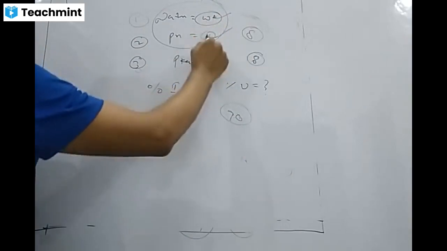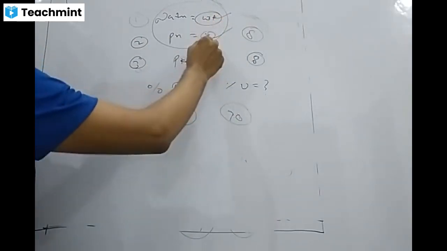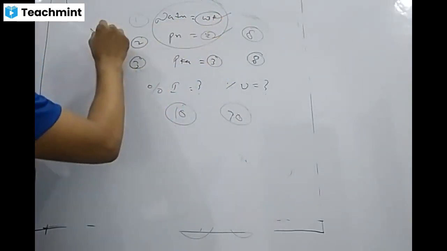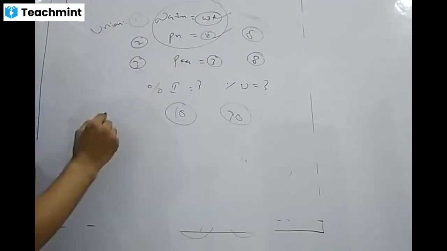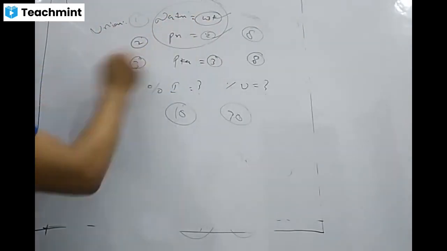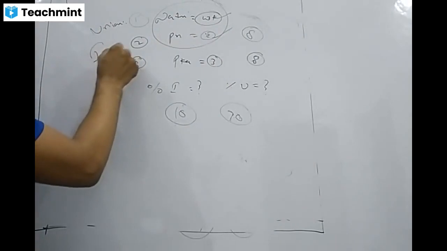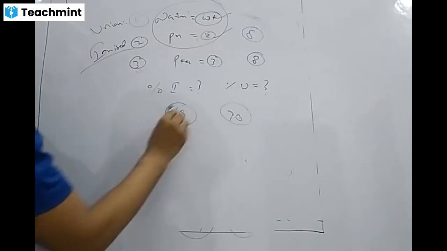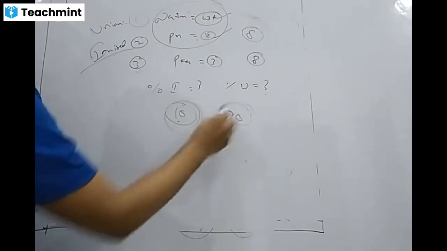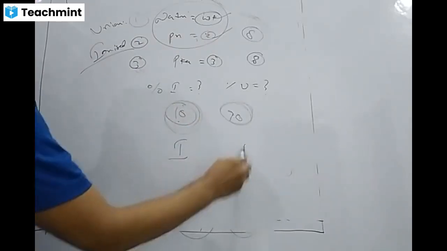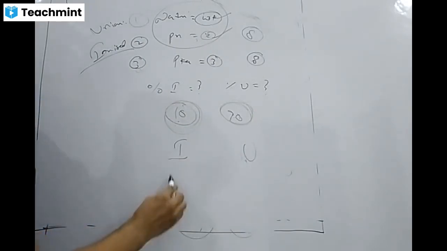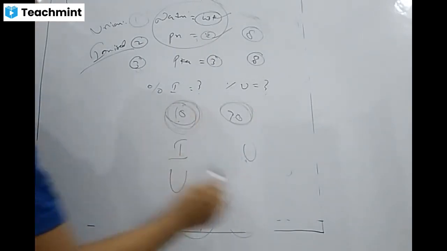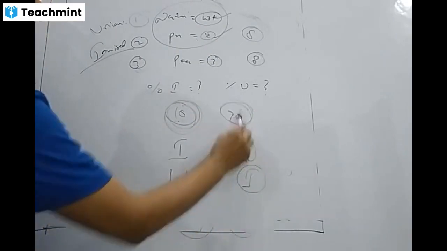If both are the same, then the drug will be unionized. And if both are different, then the drug will be ionized. So according to these two, we can decide whether this will be ionized or this will be unionized.